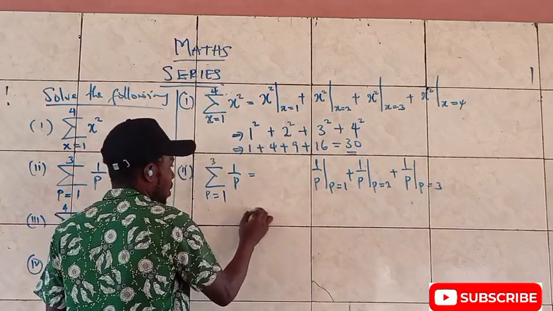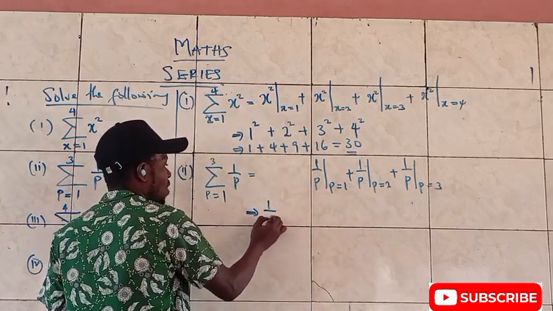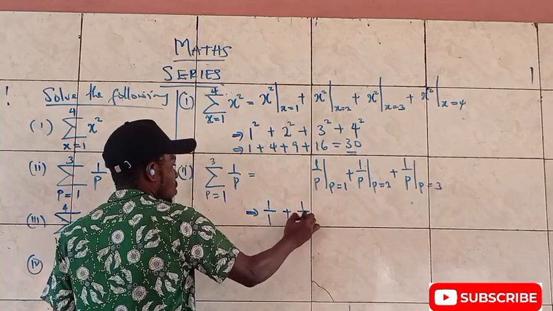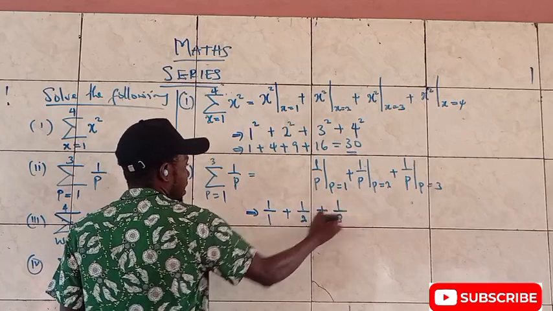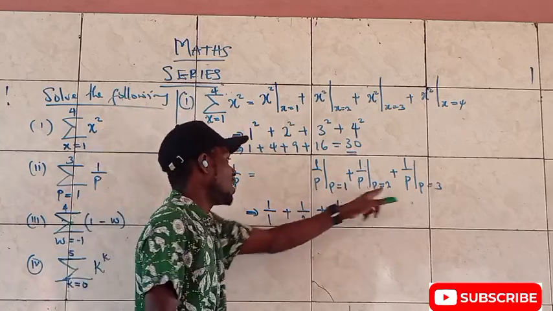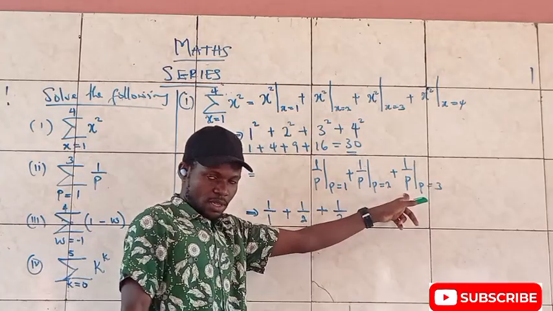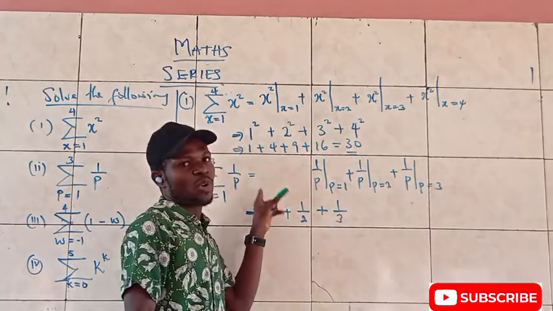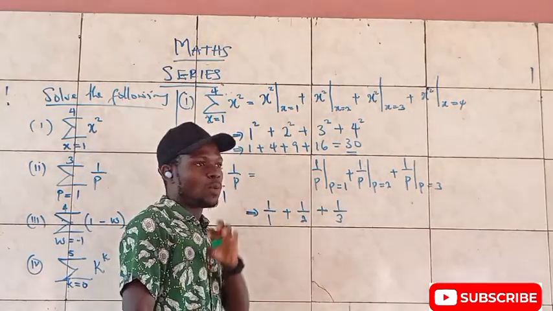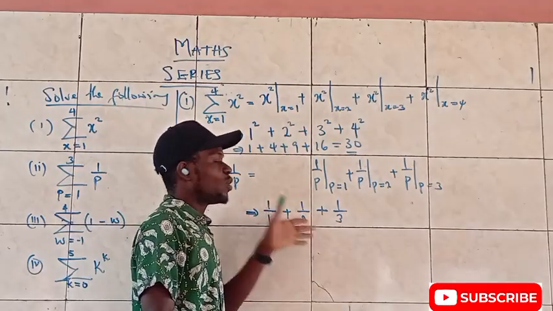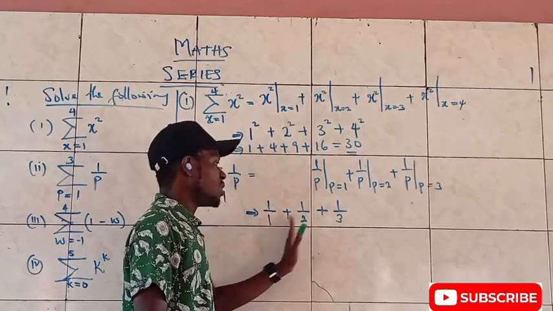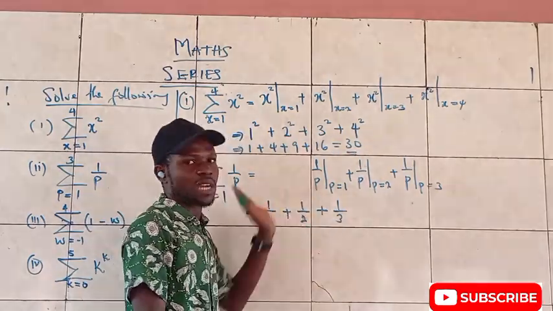I'll now have 1 over 1 plus 1 over 2 plus 1 over 3. Whenever I see p, I put 1, 2, 3. I wiped off the one with 0 because 1 over 0 is infinity, which is another concept.